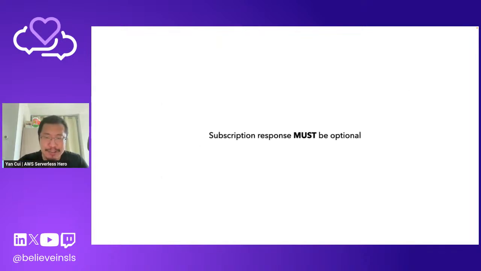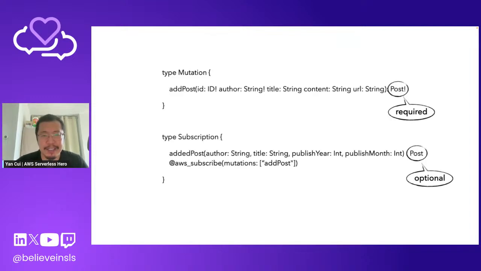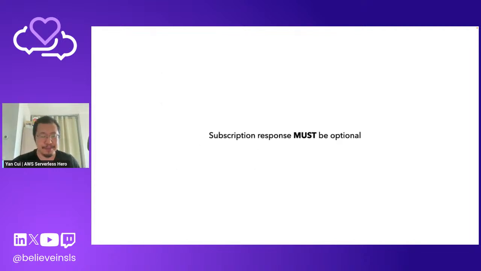If it's not optional, then it doesn't actually work. I think you're going to get an error, or you're never going to get anything. I'm not quite sure why that is the case exactly, but that's just something that you have to do. Also keep in mind, this has stung me quite a few times when I first started working with AppSync subscriptions.